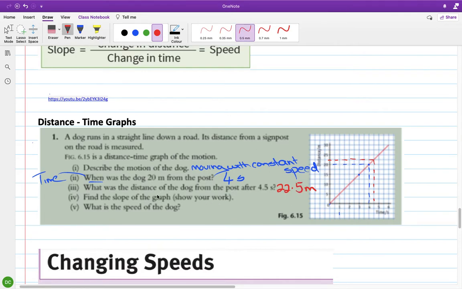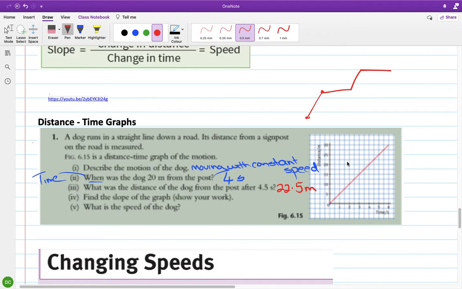Okay, find the slope of the graph. Now, we didn't do this the other day because the graph the other day had a very clear start and end point when you were doing the slope.